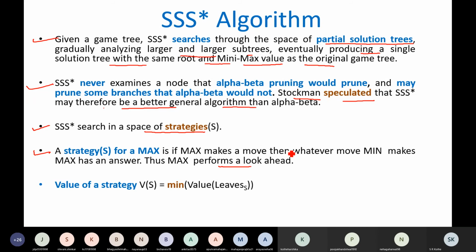In the next lecture we will finish our discussion on SSS star algorithm, and we will start our unit on mathematical logic, knowledge representation using predicate logic, the second last unit, which is required for understanding our planning unit, the last unit in your syllabus. Okay, and one more instruction. So we will stop here. I have to give you one instruction.